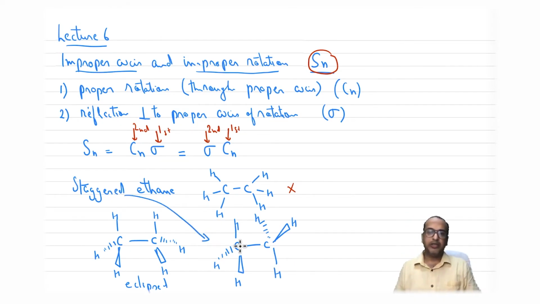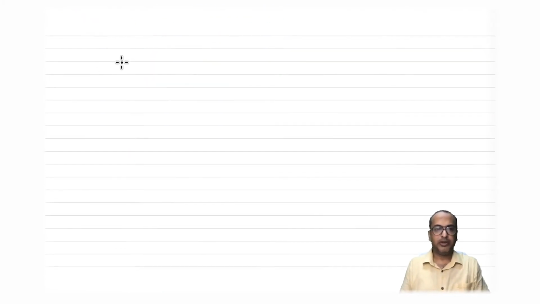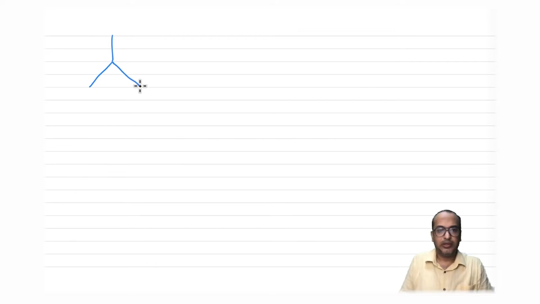But to carry out any sort of symmetry operation on this will be really difficult. So the easiest way is the Newman projection, which you must have learned. So how do you draw it? This is one set of protons, this is the other set of protons.